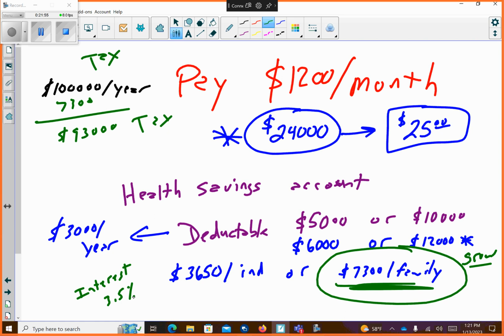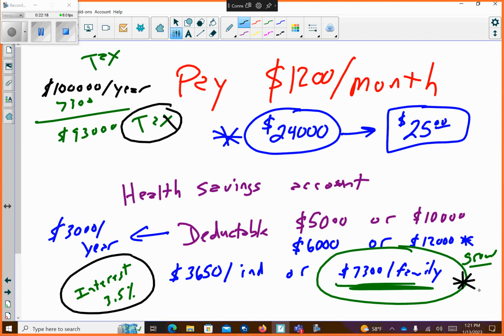Now here's the kick. I'm lowering my taxes on my federal return because I put the $7,300 in. I've made interest on my health savings account, and I don't pay tax on the interest I earn in the health savings account.